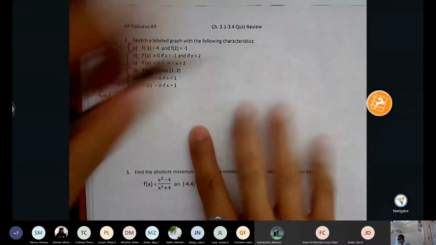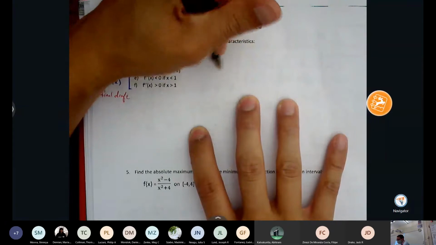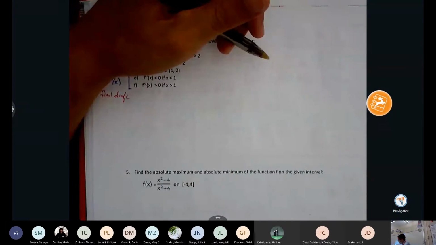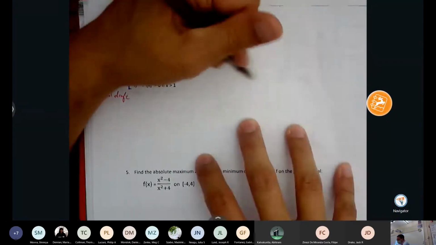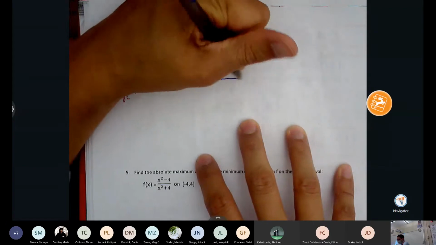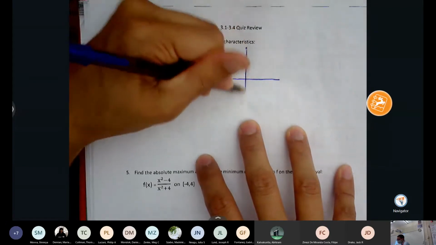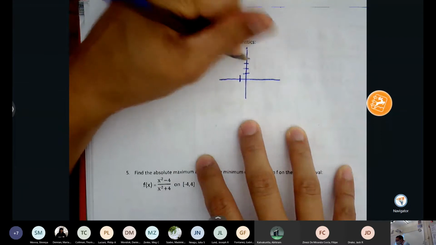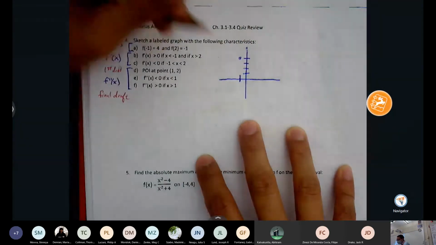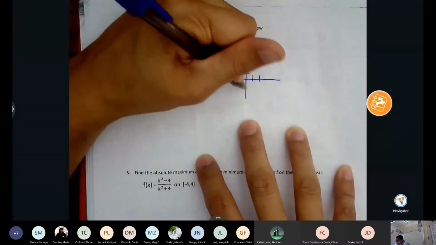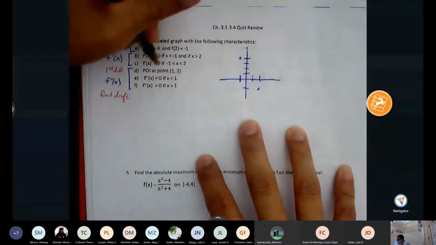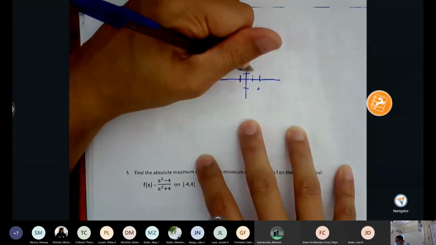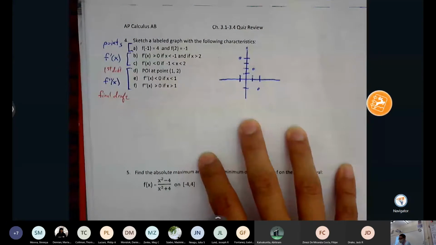So I have 3 things I can put on the graph right now. I know my graph will have to go through those points.